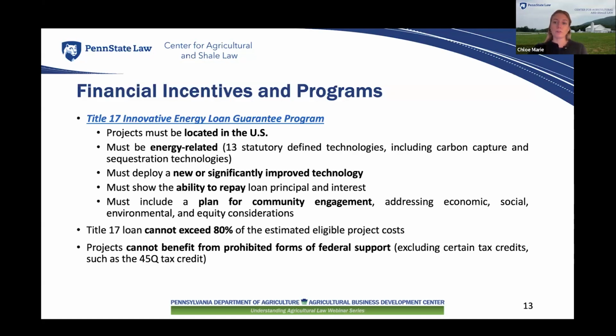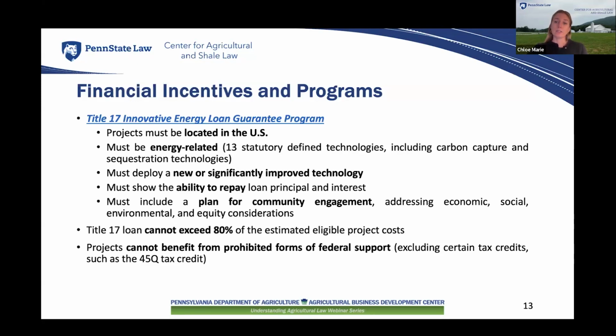The program focuses on advancing technologies that significantly reduce greenhouse gas emissions or air pollutants. This includes projects at power plants or industrial facilities that capture and store carbon dioxide underground or repurpose it. It can also fund infrastructure such as pipelines for transporting captured CO2 for storage or reuse.